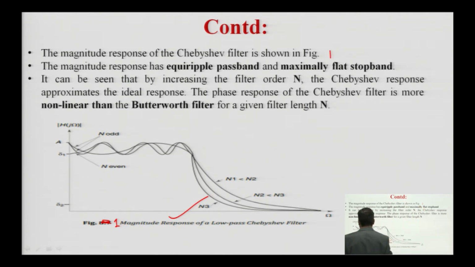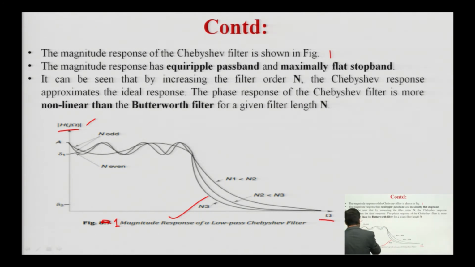In figure 1, H(jΩ) is the magnitude response. It is a curve or graph between the magnitude response, or gain of the analog filter, versus frequency.